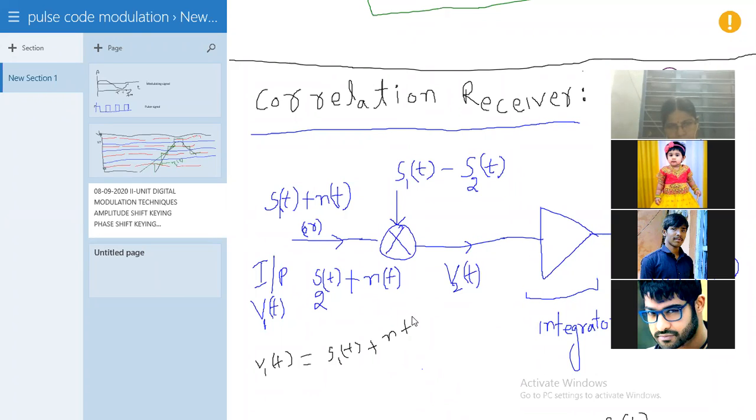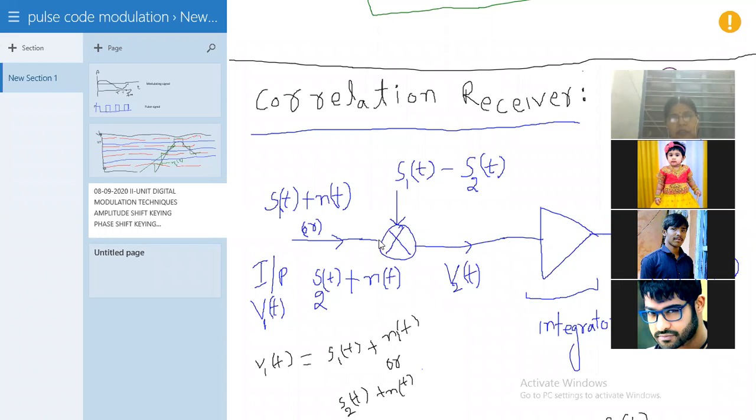Or suppose we receive a 0, then the representation is S2 of t plus N of t. N of t represents the noise, white Gaussian noise. The power spectral density of that white Gaussian noise is eta by 2, indicated as Gn of f.